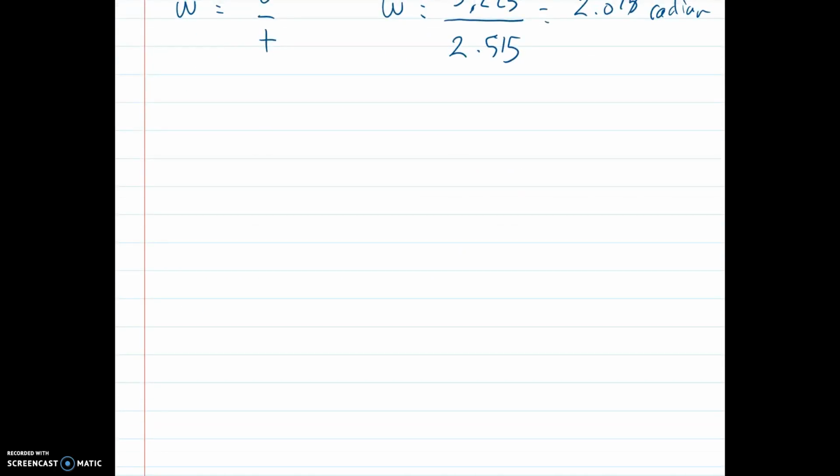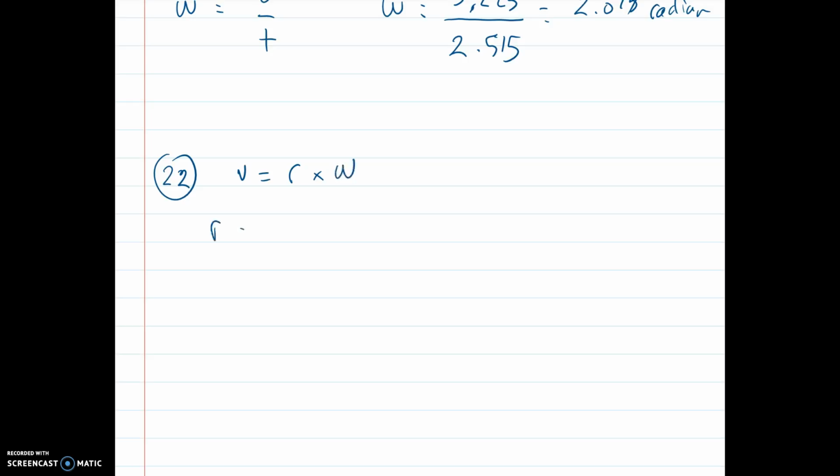Okay, now problem number 22. As you can see, all of these problems are just the use of the formula, so you must be able to do this very quickly, paying attention to the unit. v equals r multiplied by omega. They are giving you r equal 12 meters and omega equal 2 pi over 3 radian per second, so v is going to be 12 multiplied by 2 pi over 3.